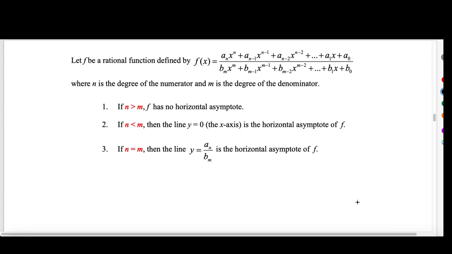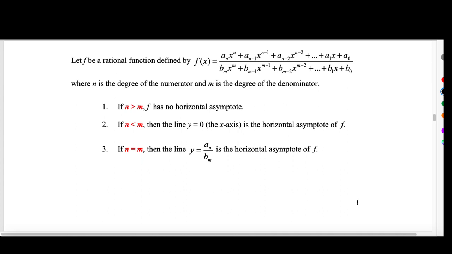Let f be a rational function defined by f of x equals a polynomial of degree n in the numerator and a polynomial of degree m in the denominator, where n is the degree of the numerator and m is the degree of the denominator. If n is greater than m, f has no horizontal asymptote.